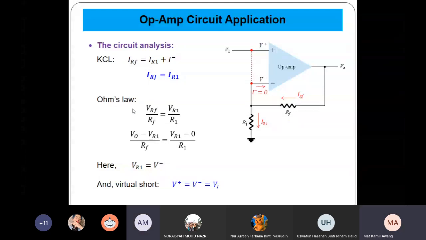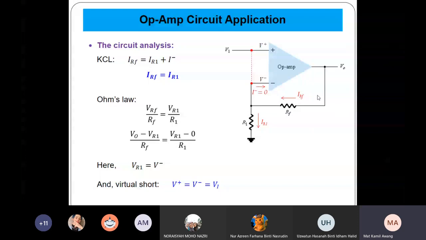So now again we use Ohm's law. What is IRF? IRF is basically VRF divided by RF. What is IR1? IR1 is VR1 divided by R1. And what is VRF? VRF is actually V out minus VR1 here.